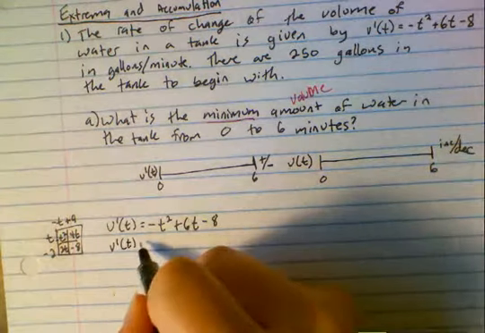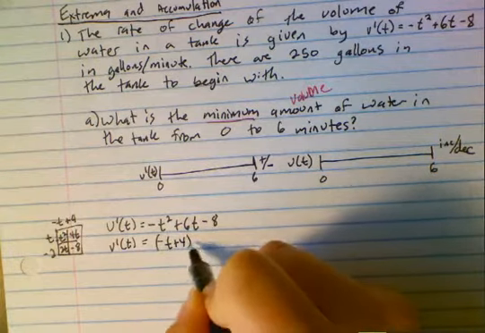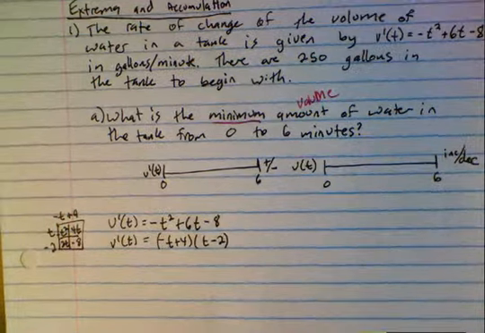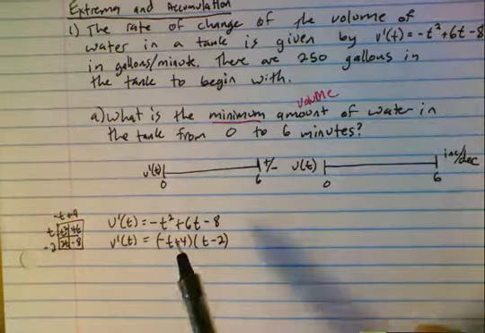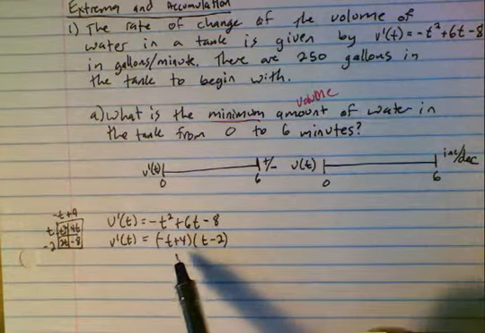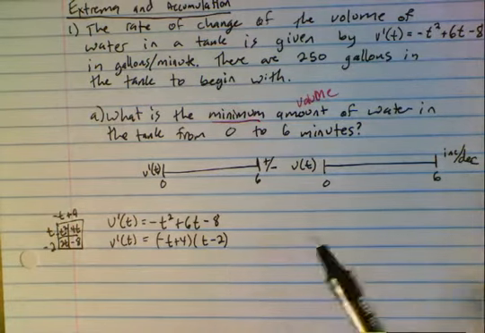So V prime of t is negative t plus 4 times t minus 2. If you factored it differently as negative t plus 2 and then t minus 4, you'll get the same thing. Basically, you could factor out a negative 1 here, and you would have negative times t minus 4 times t minus 2. So if you distribute the negative to the other one, that's fine.